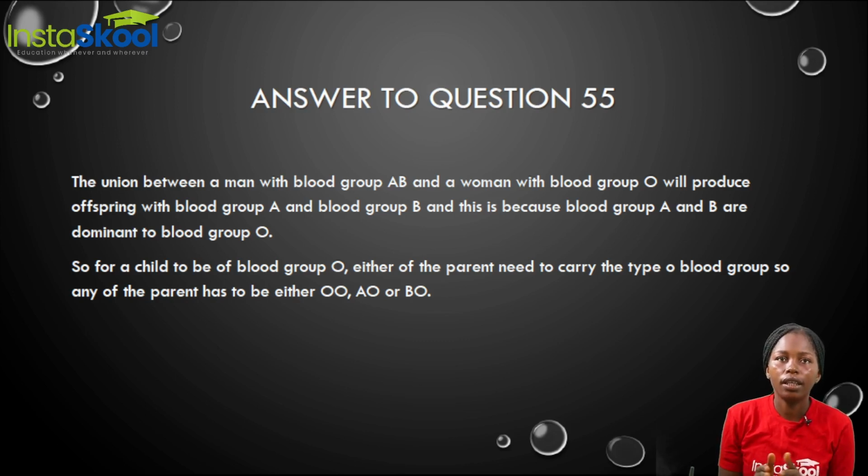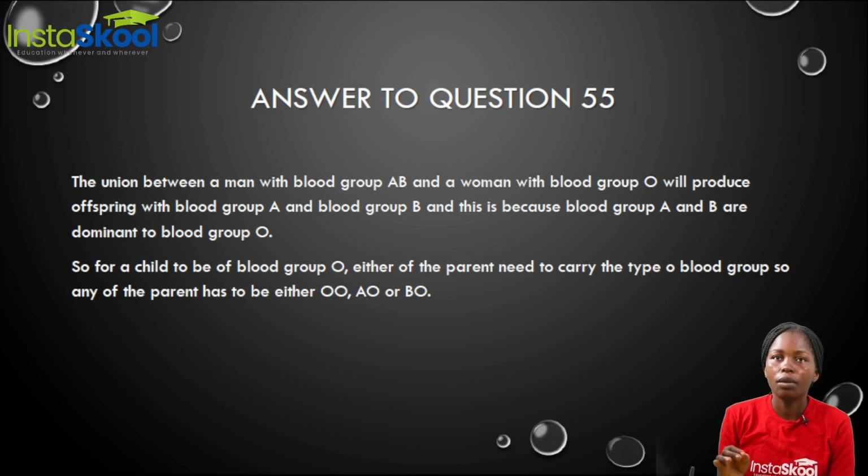But in a case where both parents carry a blood group O, that is, the mother and the father both have blood group O in their blood type, their child can be of blood group O. What I mean is, either the father and the mother are blood group OO, or AO, or BO.